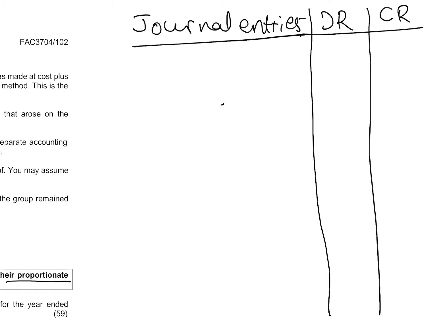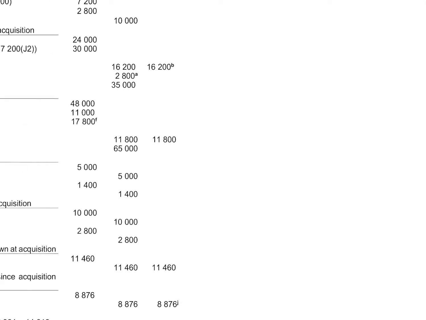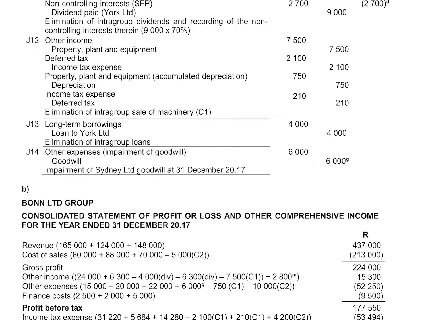Right, so they want you to prepare the statement of profit or loss and other comprehensive income. What is clear is we said you are going to add the parent plus subsidiary plus sub-subsidiary.